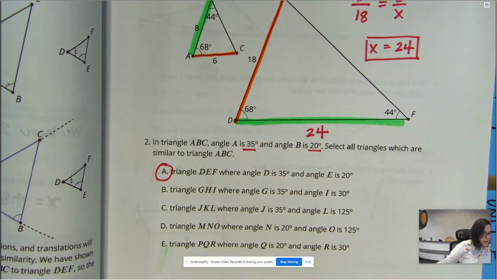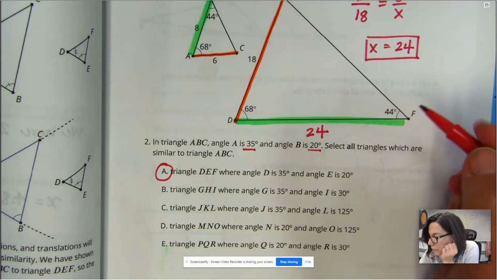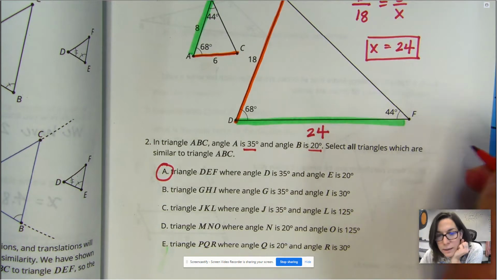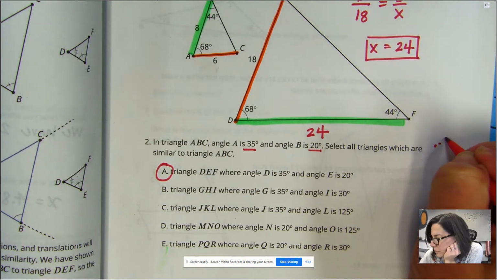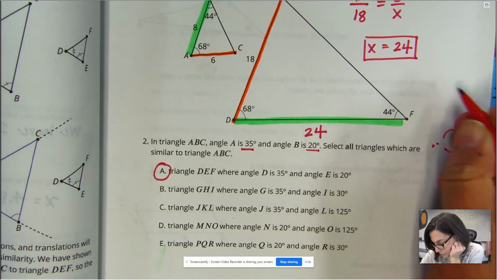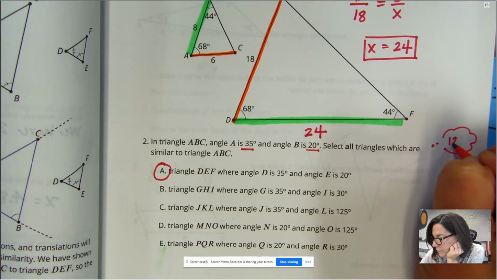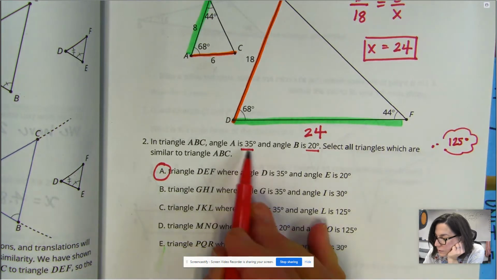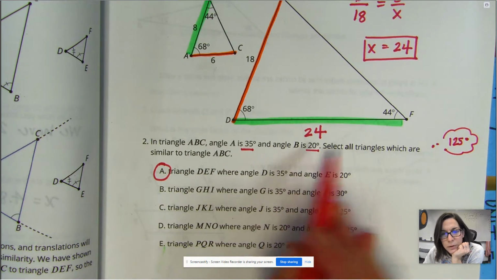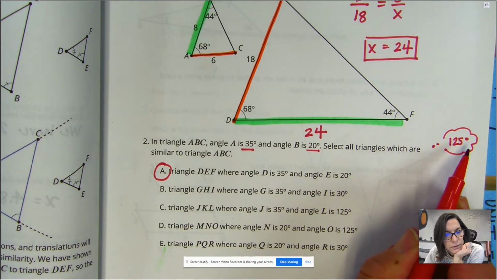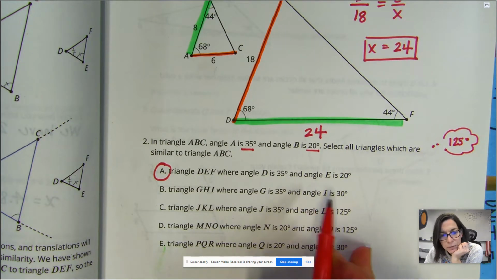So 35 plus 20 is 55, and so that leaves you 125 degrees left over. So the third angle has to be 125 degrees. So I know these two, and by the triangle sum theorem, I know the third is 125 degrees. So I don't have any spot for a 30-degree angle.